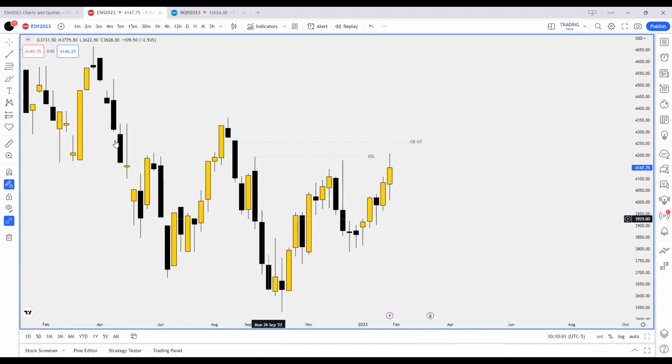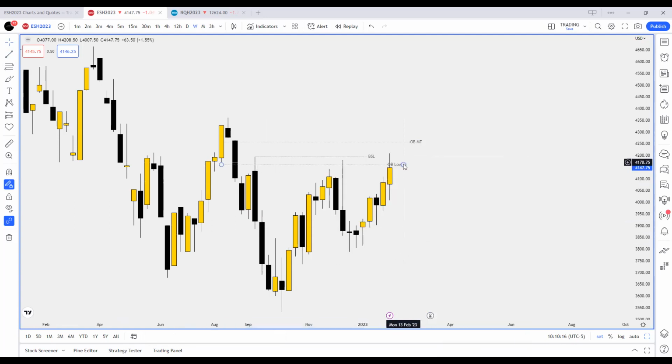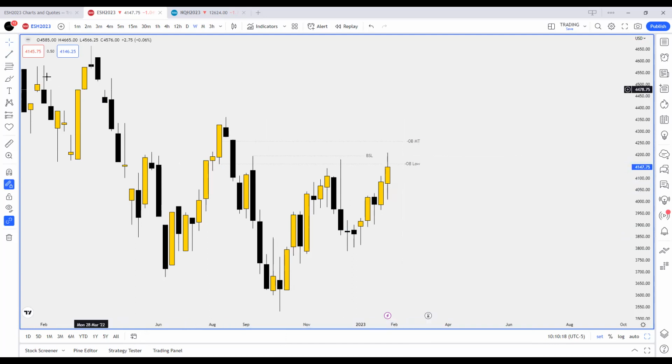Negative means bearish, positive means bullish. We have the low, and this is all going to be rough. I'm not going to try to get the exact digits, just so y'all can see what I'm doing. Negative order block low. And we've got the open.